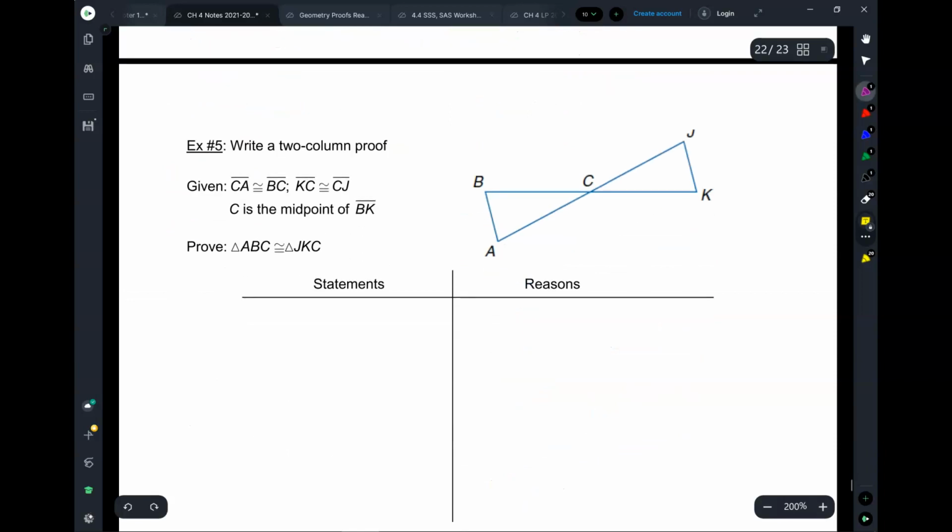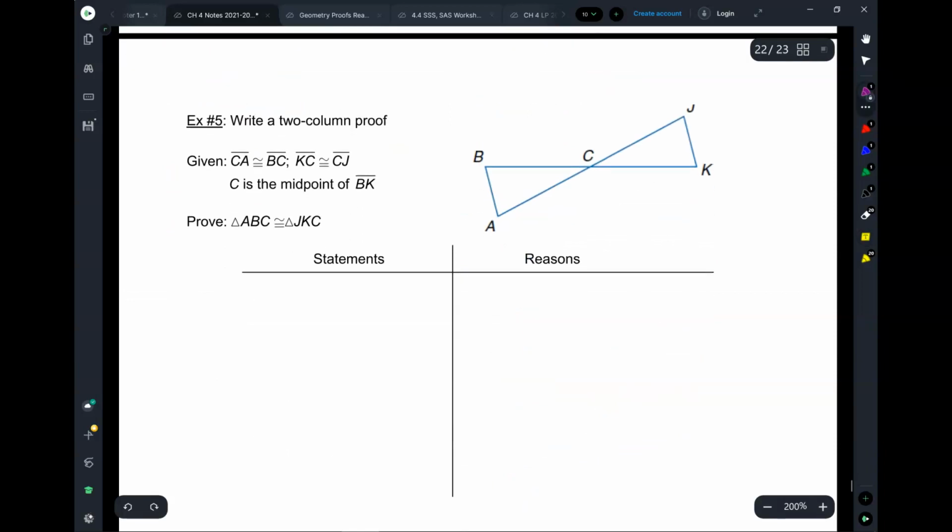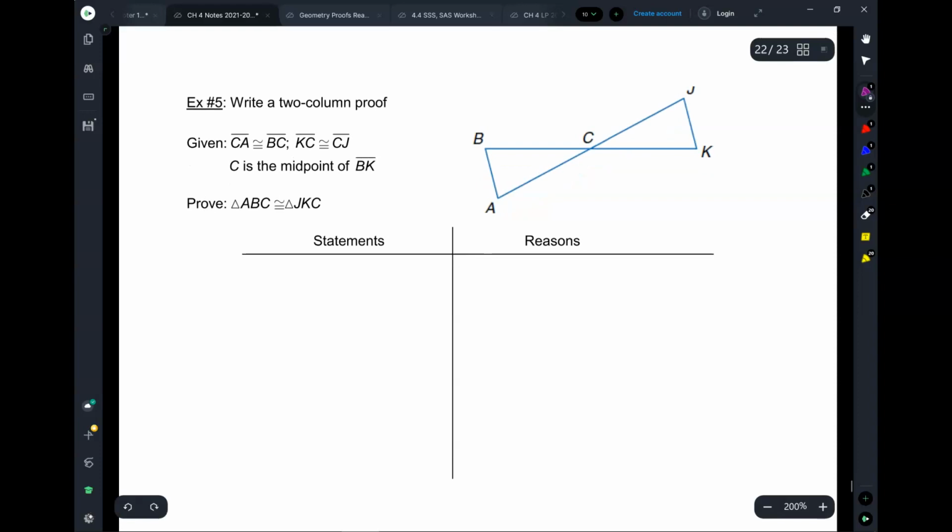Okay. So here we go. CA is congruent to BC. And then KC to CJ. I'll do double ones here. C is the midpoint of BK. And we need to prove that these two triangles are congruent.